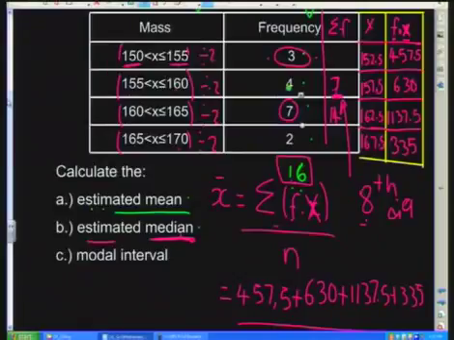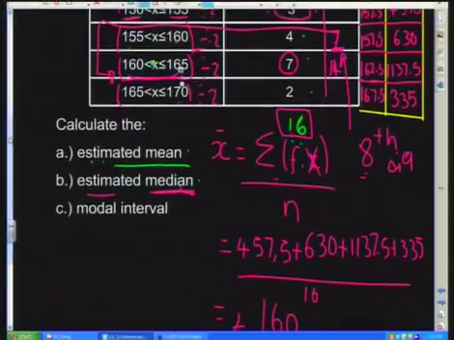So therefore we know that the 8th one must fall in the very next interval, because if 7 ends at 160 kilos, then 8 must fall into the next interval. So our estimated median is going to be in the interval 160 to 165.